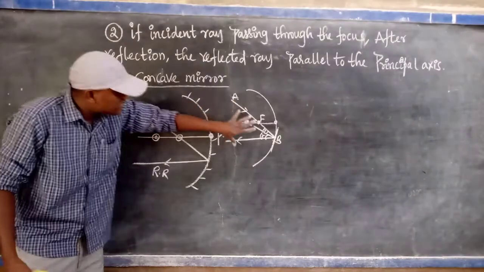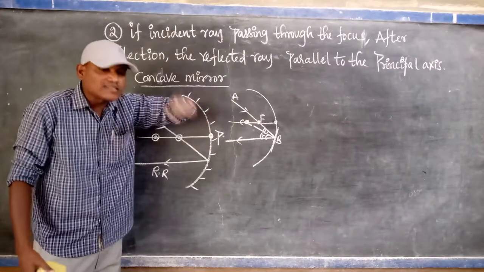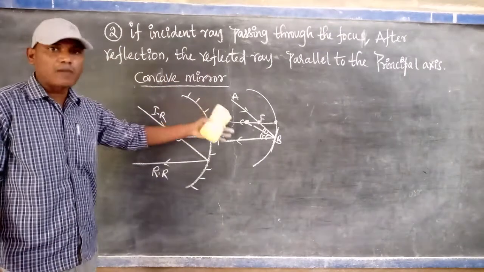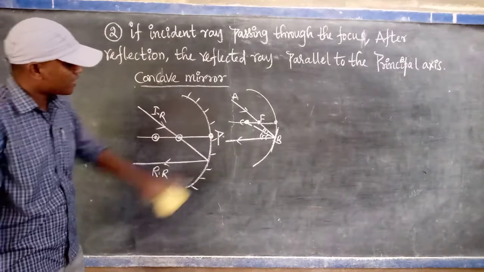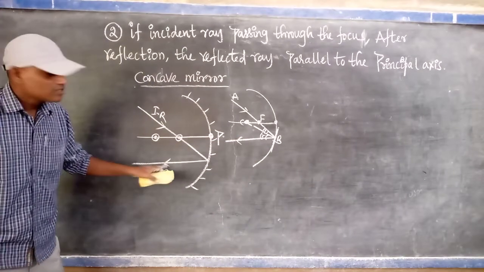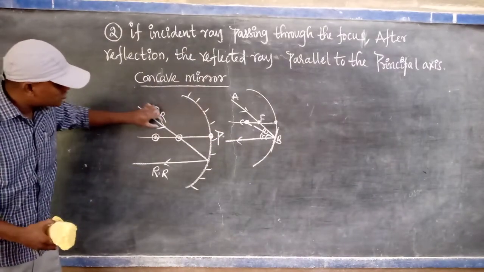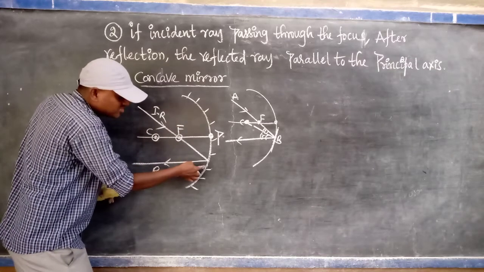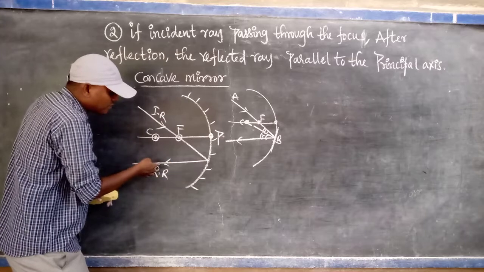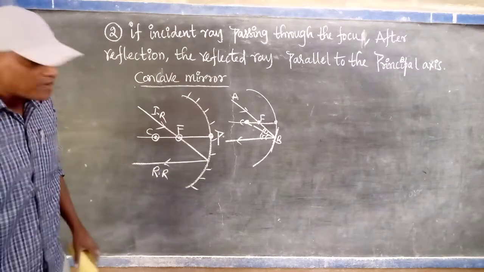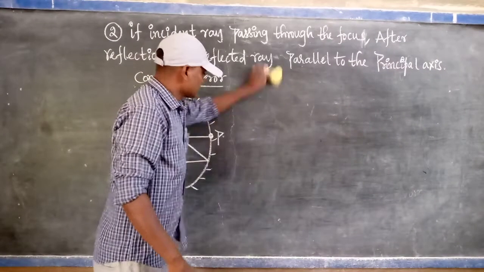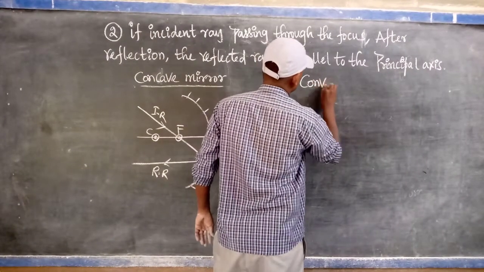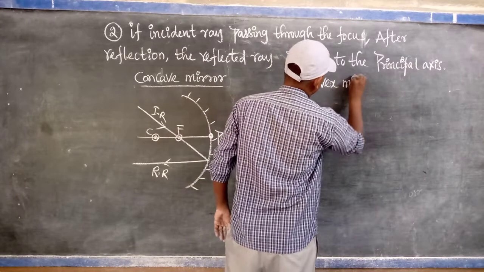That is the meaning. That's why, is it correct or not? So the incident ray appears to pass through the focus. After the reflection, the reflected ray is parallel to which one? Principal axis. Same thing for convex mirror.